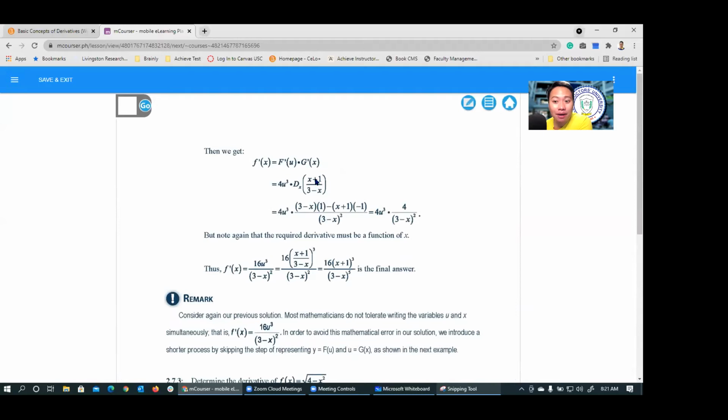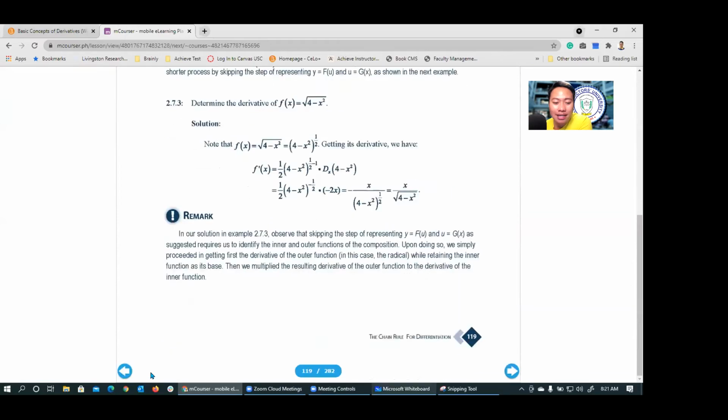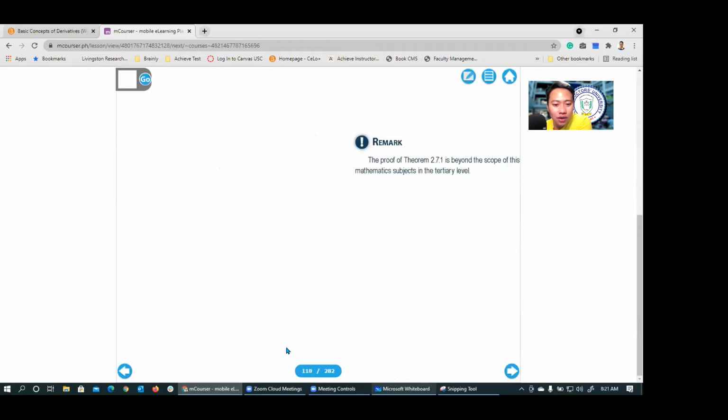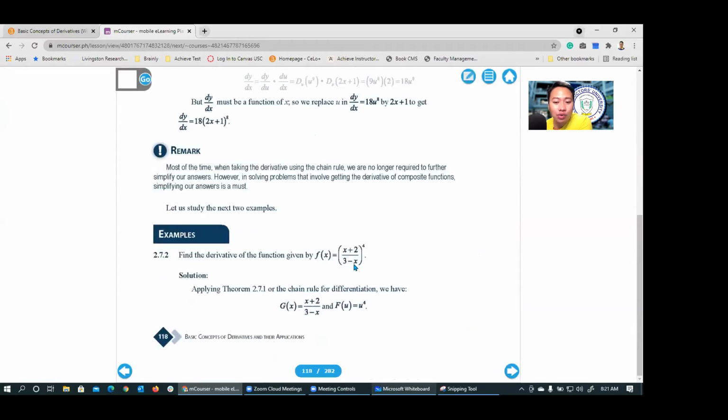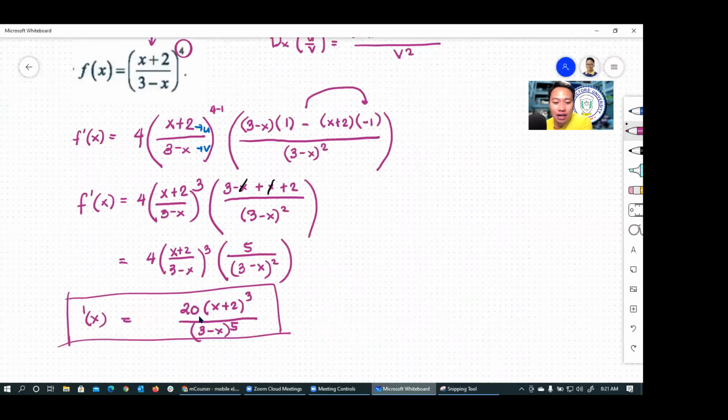So there's a typo error in the book. I can guarantee you that if we base the answer on the actual given, which is x plus 2 over 3 minus x raised to the power of 4, the answer is 20 times x plus 2 raised to the power of 3 over 3 minus x raised to the power of 5. That's the answer if we base it on the original given.